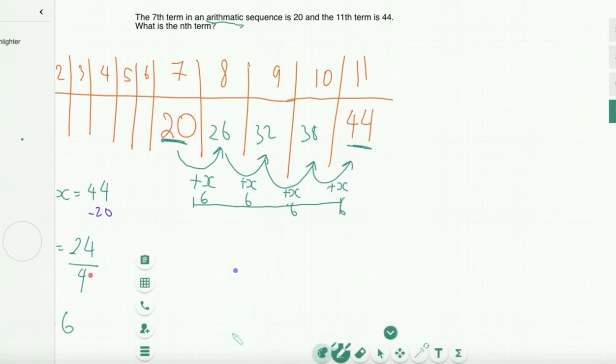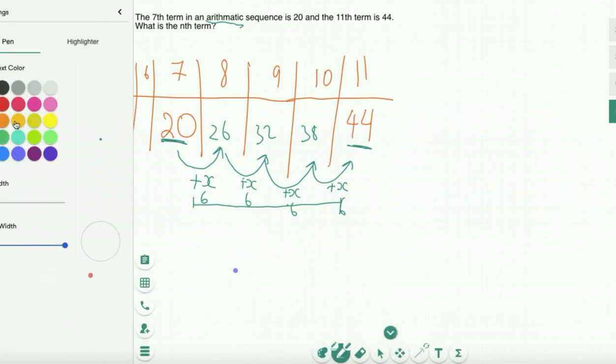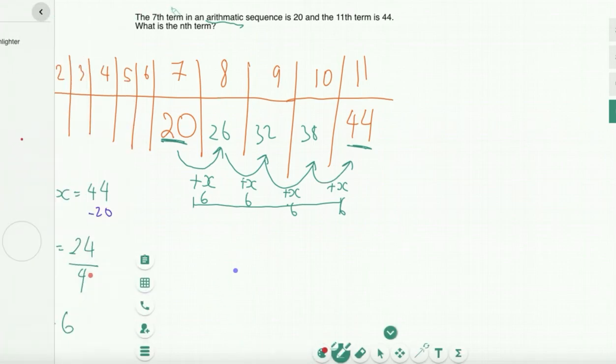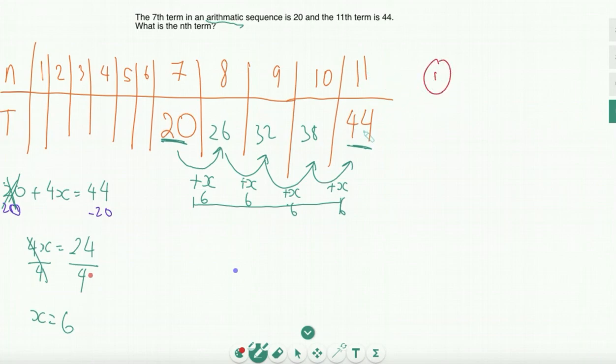So let's think back to the beginning. How do we find the nth term in the sequence using our table method? Well, step 1 is if the jump is plus 6 every single time, it's going to be 6n. Step 2 is we're going to multiply 6 by the n's, the terms that we know.